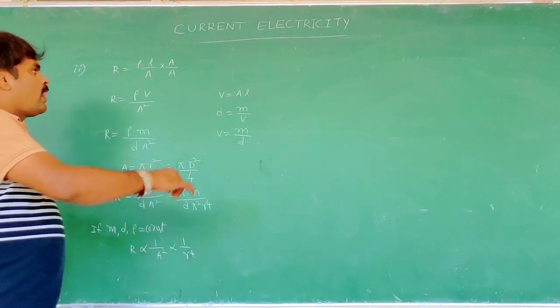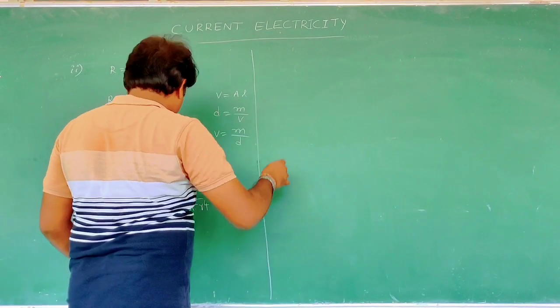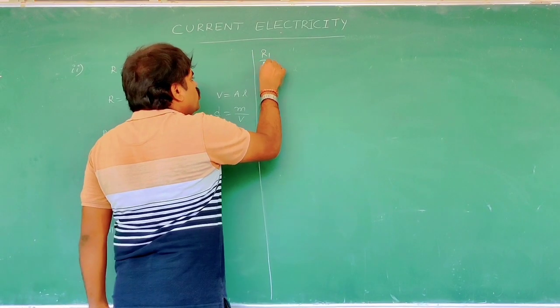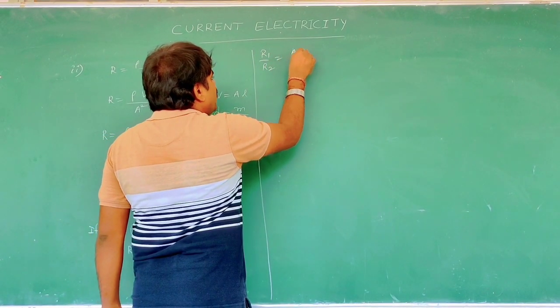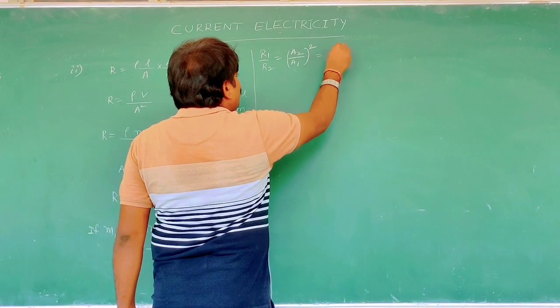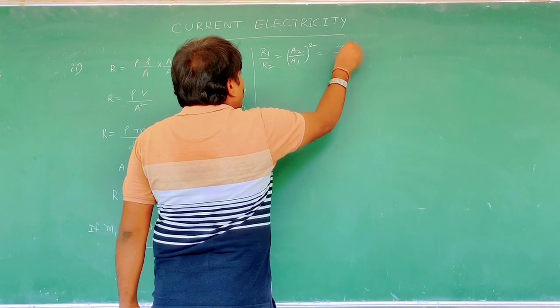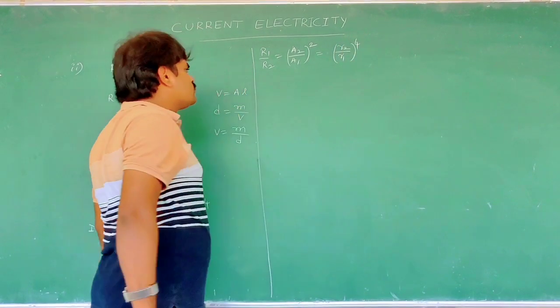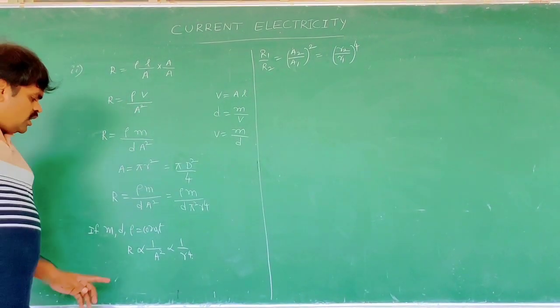Then R1 by R2 is equal to A2 by A1 whole square, that is equal to r2 by r1 whole power of 4.